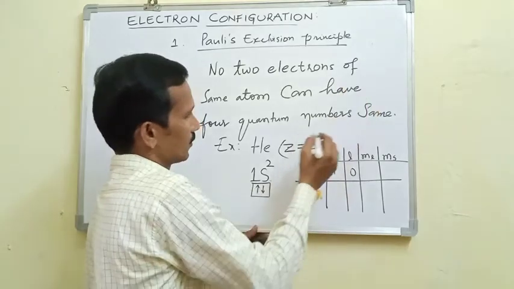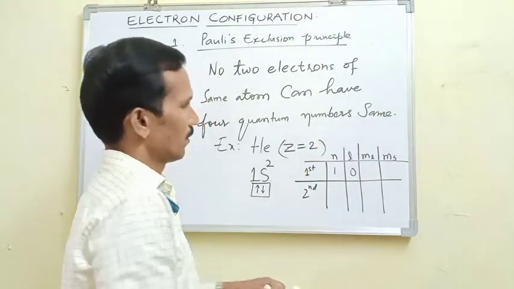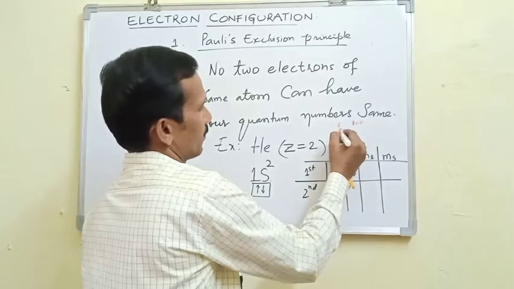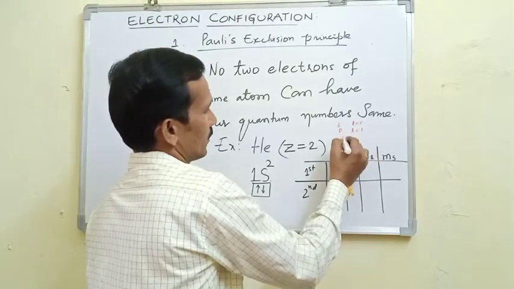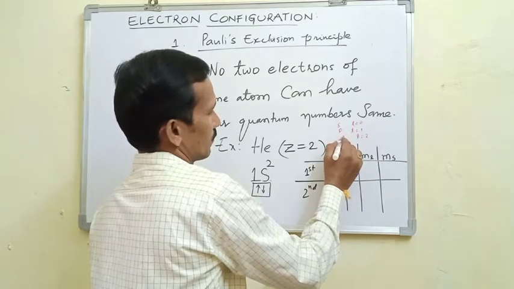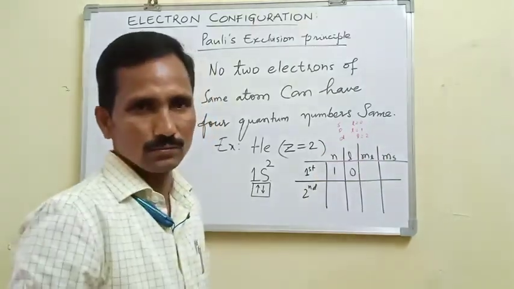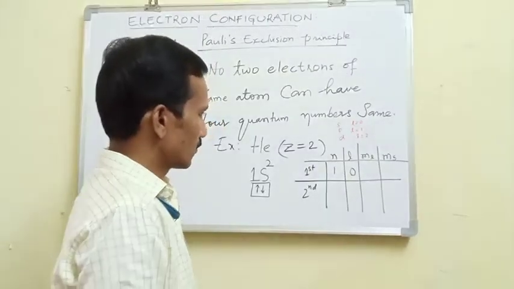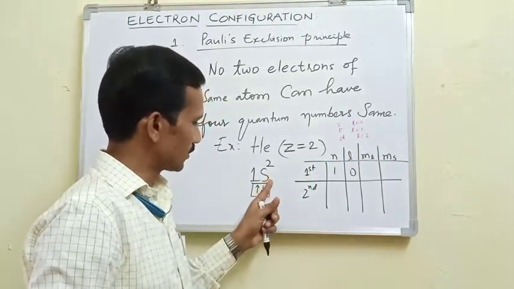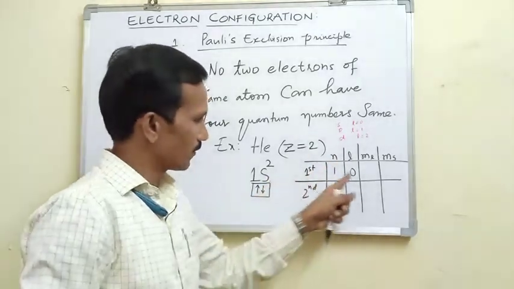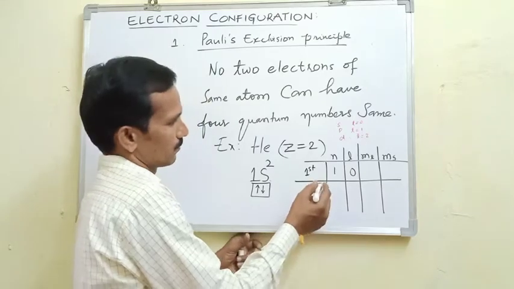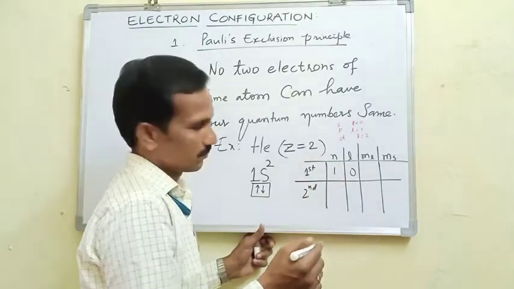For s orbital, l value is 0, for p orbital, l value is 1, for d orbital, l value is 2, and for f orbital, l value is 3. So l value indicates subshells. For s orbital, l value is 0, and when l value is 0, there is only a single value.